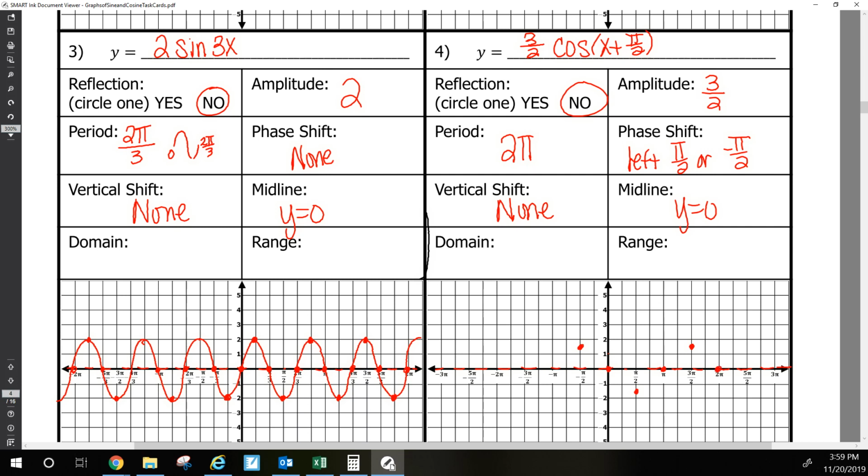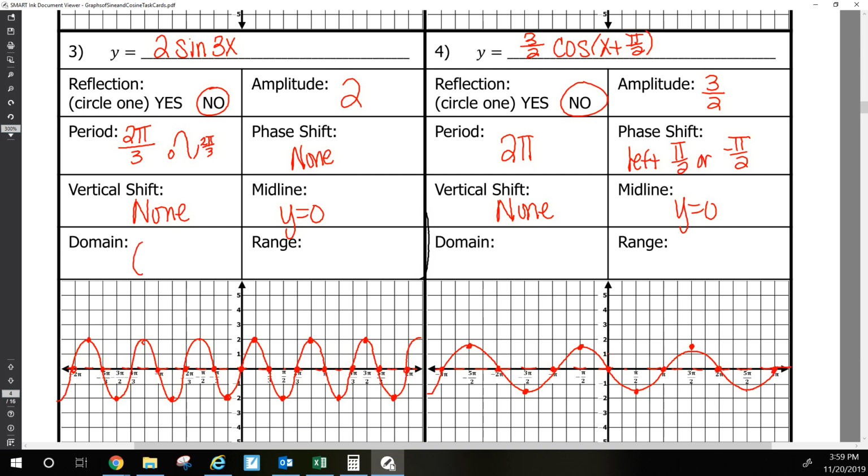So then we move back to 0, down to negative 3/2, back to 0, negative 3/2, 0, positive 3/2, 0, and that looks something like that.